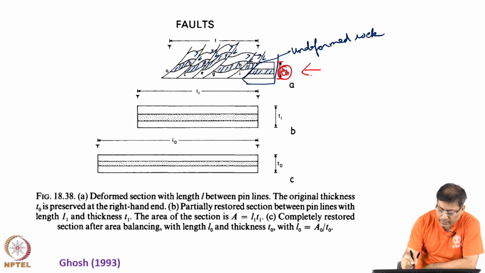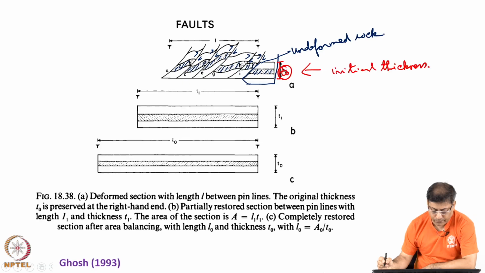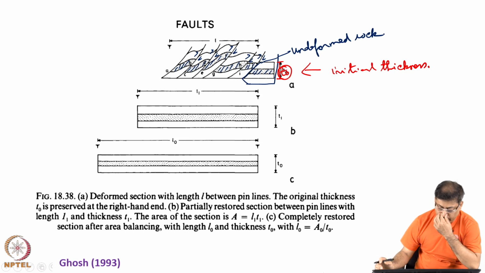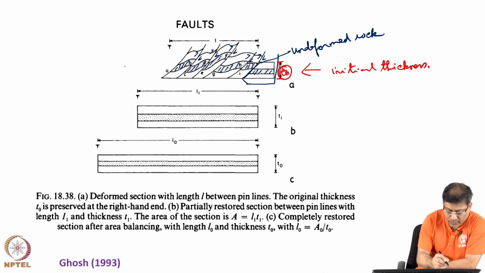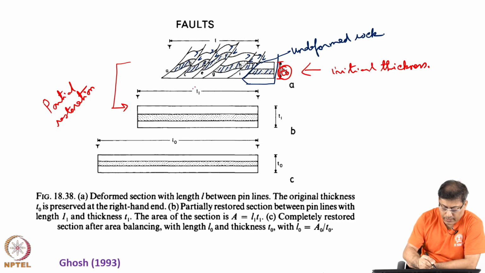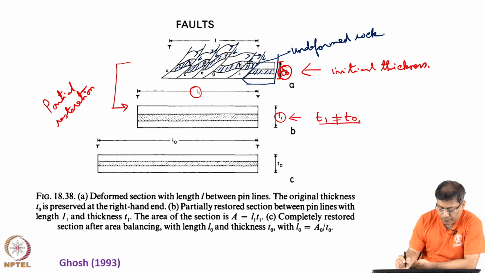Although we are looking at the final product, T0 is the initial thickness, because it is the undeformed portion. So, this thickness must be same as that of the undeformed rock altogether. Now, a partial restoration is done here. In this process, the length is L1, the thickness is T1. Note that T1 is different from T0.